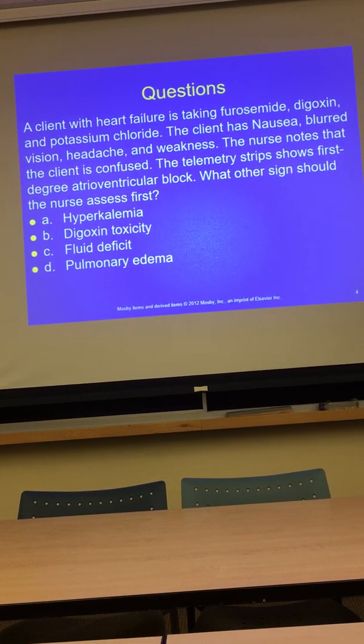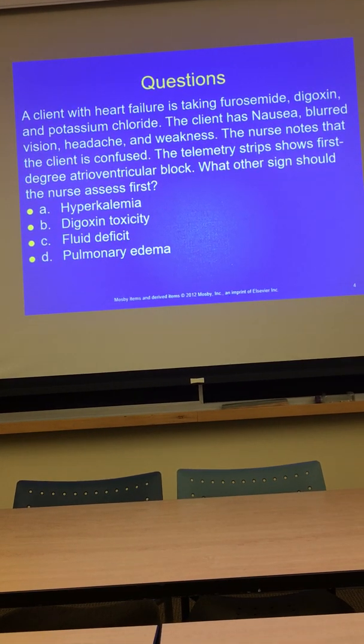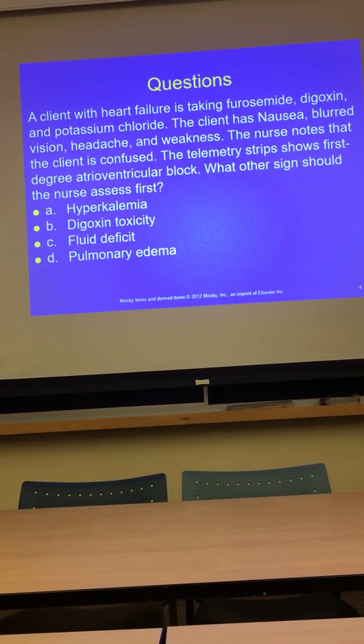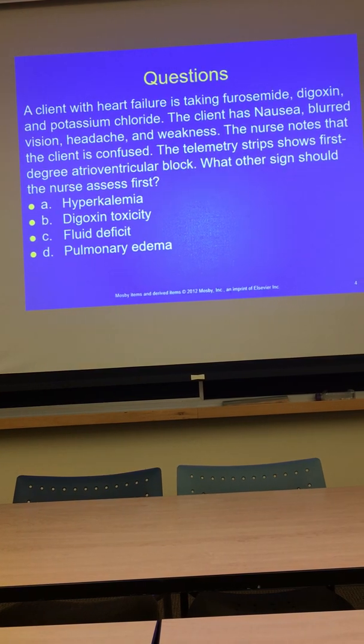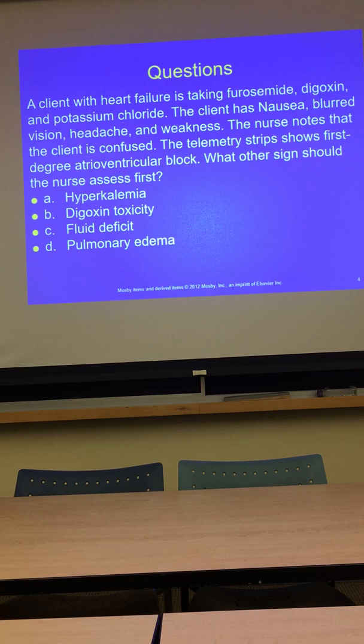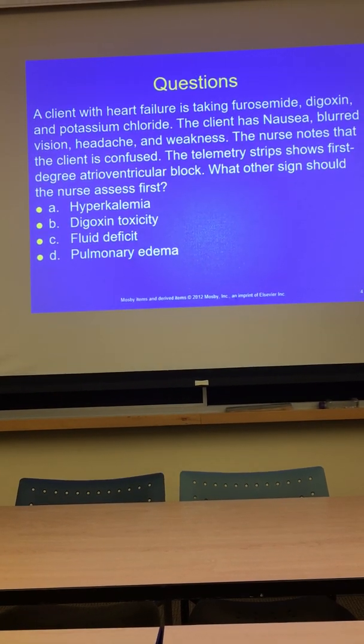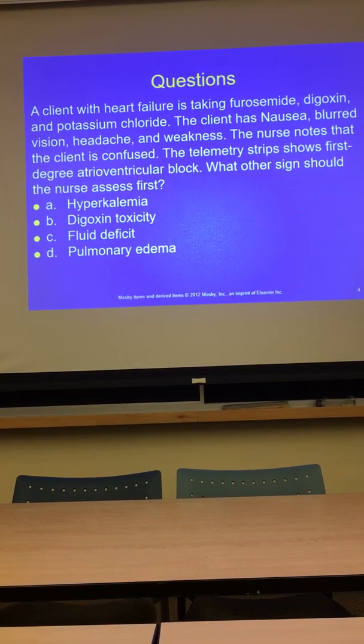When you look at this patient, the patient has nausea, blurred vision, headache, and weakness. Digoxin is one of the medications that have a low therapeutic index. It means the chances of developing toxicity with digoxin is very high.